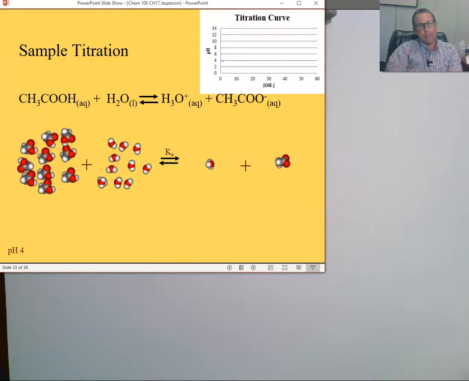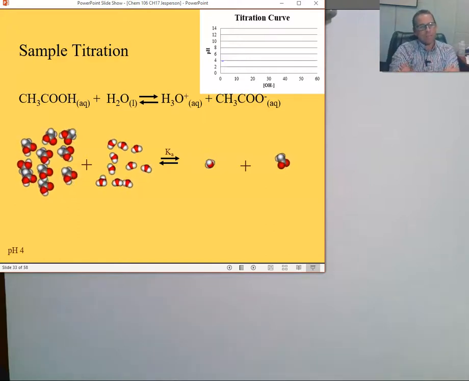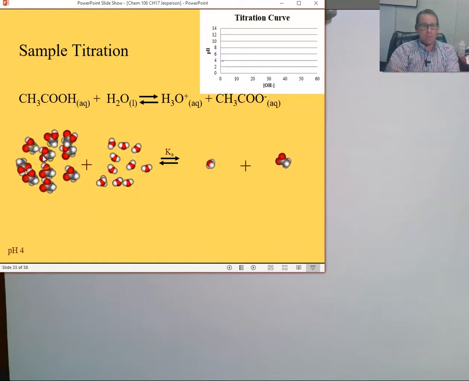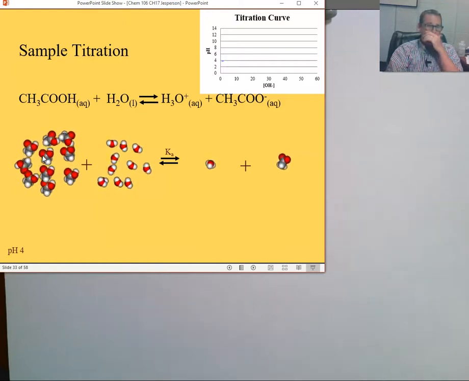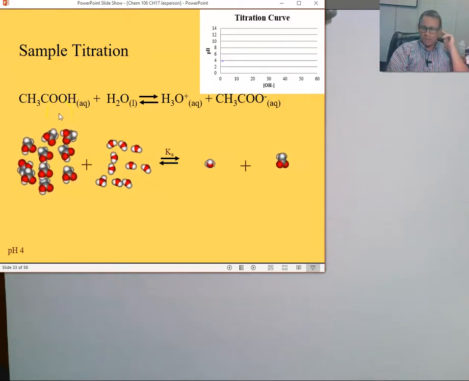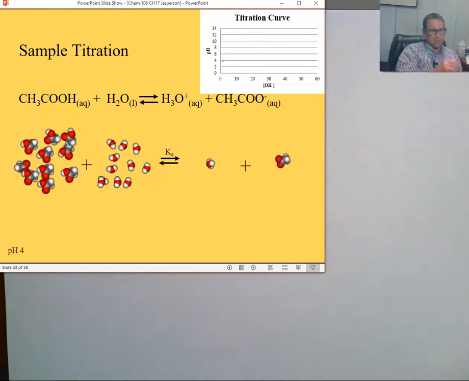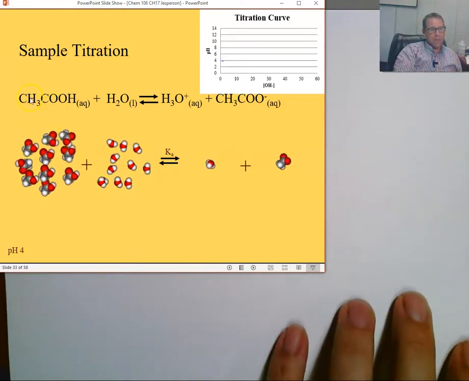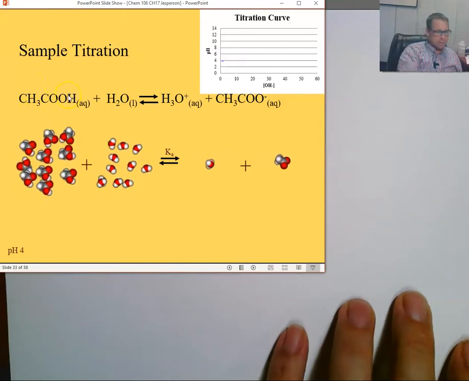All right. Let's think about a titration here for a second. To introduce the next concept of buffers, we want to talk about how a titration occurs. In a titration, and specifically in this titration, I have an acid. This is acetic acid.